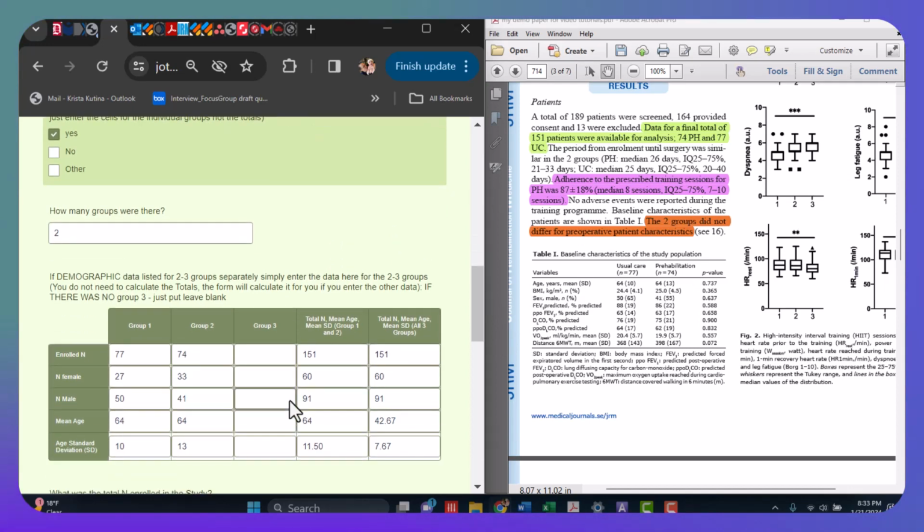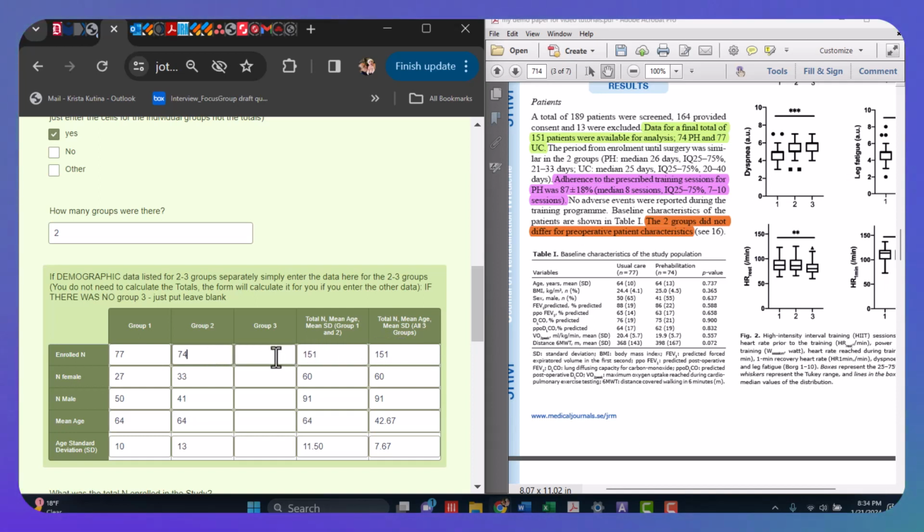This table down here is for you to enter your data. It looks filled out, but these columns over here will be calculated for you. So for example, the N for group 1, which was the usual care group, the number in that group was 77. Then in group 2, they had 74.